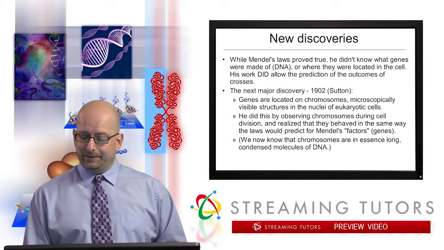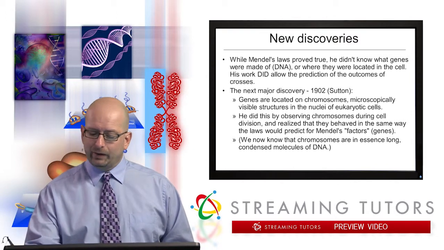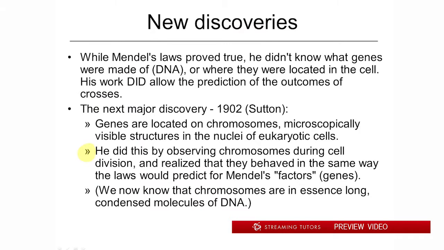The way he did it, Sutton, and there were other people involved, basically is he looked at the way chromosomes were moving during cell division. And this is something we're going to talk about today. And what he realized is that they behaved exactly in the same way that Mendel's laws would predict if Mendel's factors, what we call genes, were in fact located on these chromosomes.